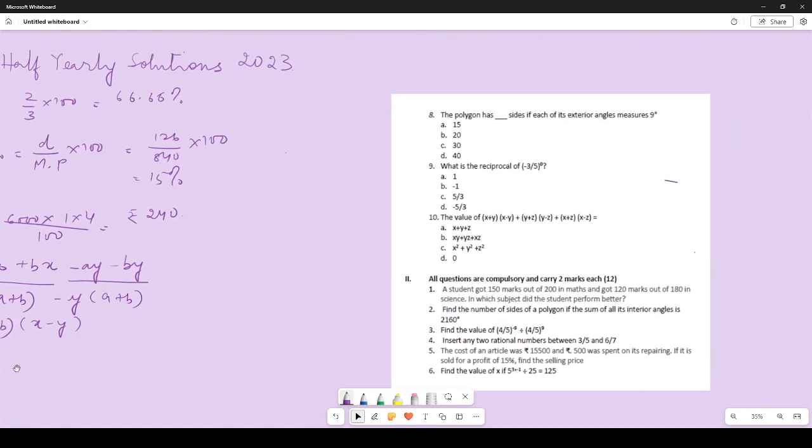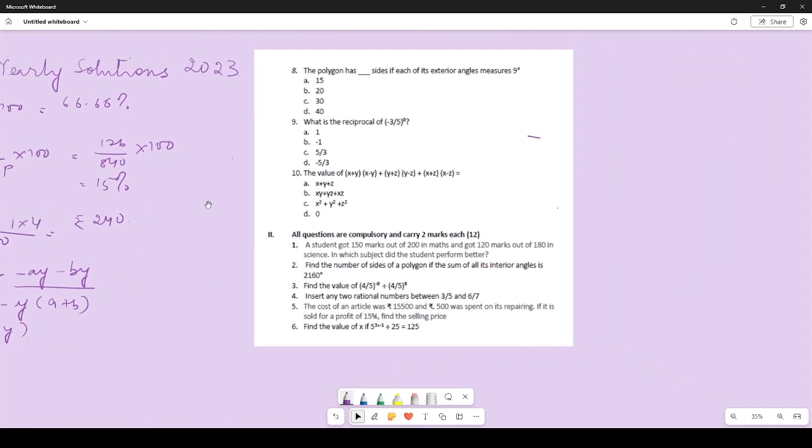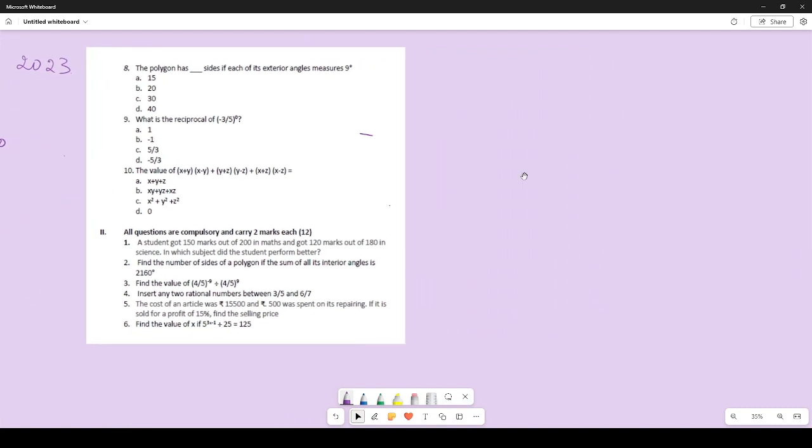Let us move on to the second part of this second image. A polygon has dash sides if each of its exterior angles measures 9 degrees. So do you remember that the sum of exterior angles for any polygon is always 360 degrees.